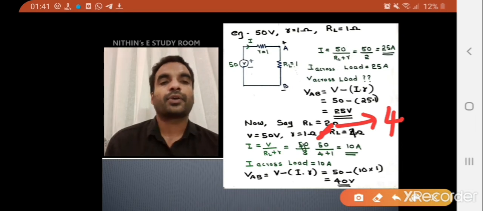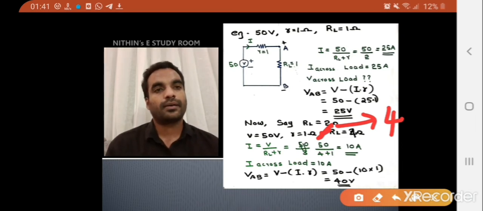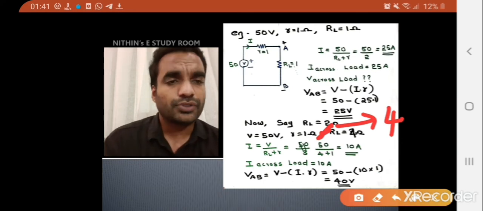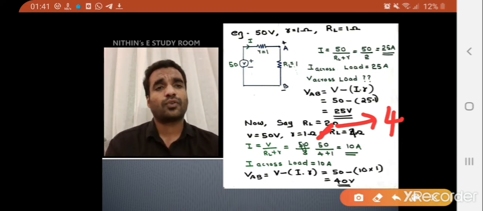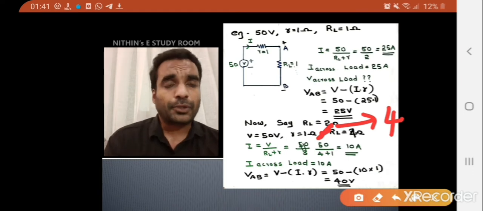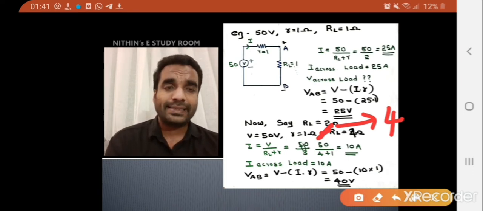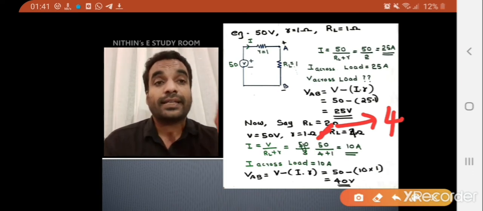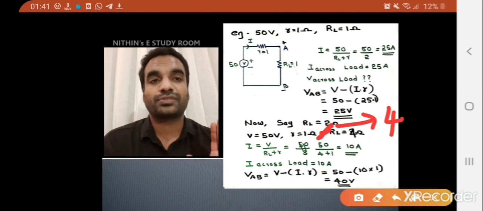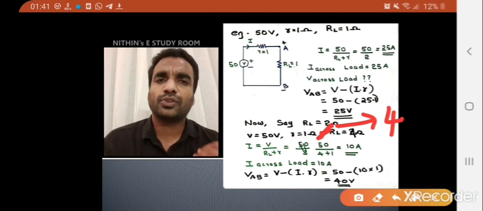You can make the same case that we have done in the last case. So current across the load is 10 ampere. So voltage will be the input voltage minus the voltage already dropped across the internal resistance R. Dropped means loss.